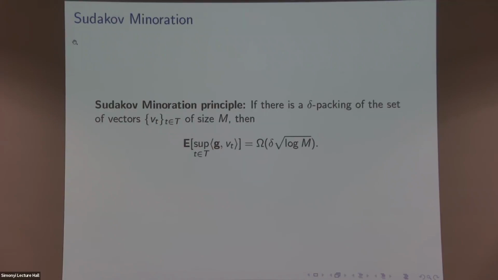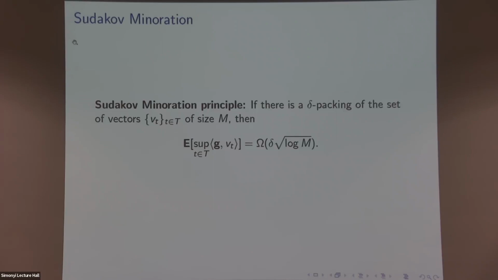So this is just the Sudakov minoration principle. It says that if you have a set of vectors where you can create a delta packing of the set of size m, meaning you can find m different vectors which are all delta apart from each other, the expected sup is at least as large as delta times square root log m.